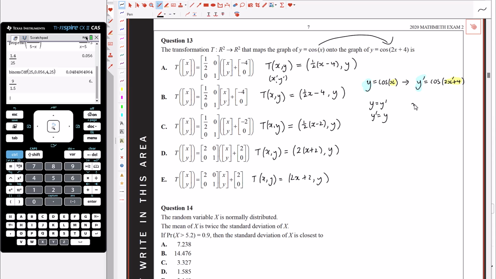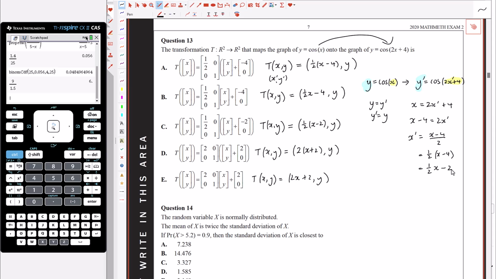But x is equal to 2x dash plus 4. So if we rearrange to make x dash the subject, we get x minus 4 equals 2x dash, and so x dash equals x minus 4 on 2, which we could also write as half times x minus 4, or as half x minus 2. So now let's see which of those we have.